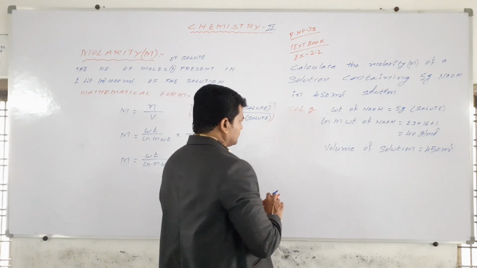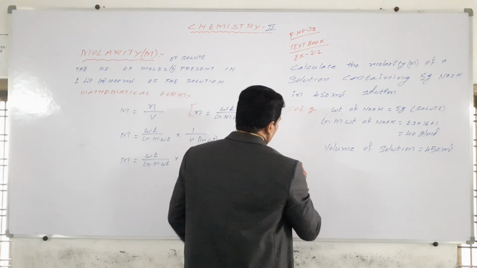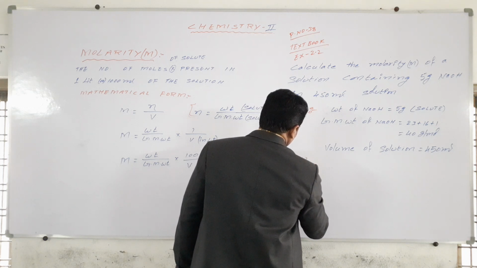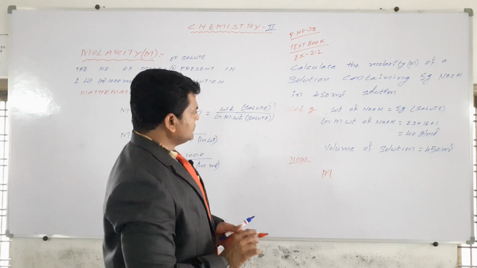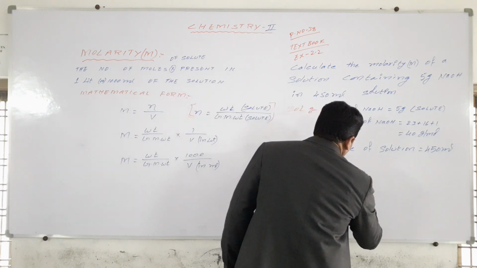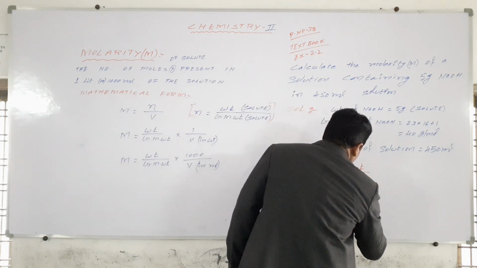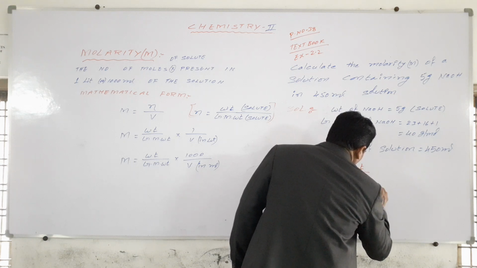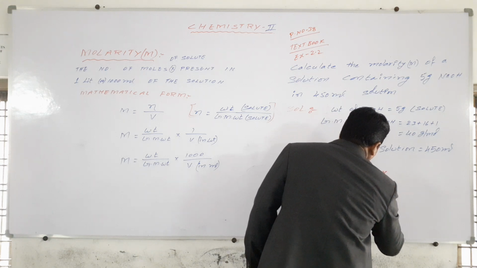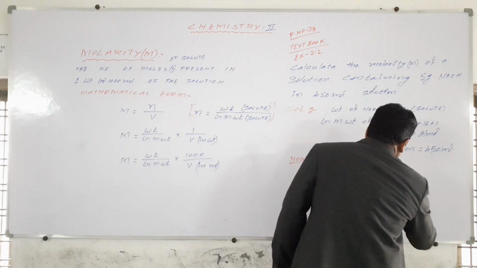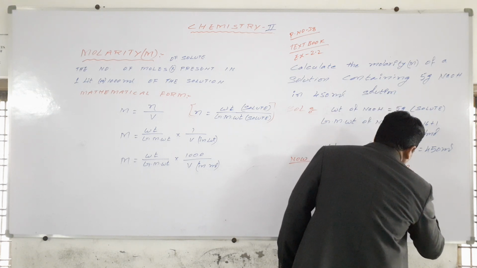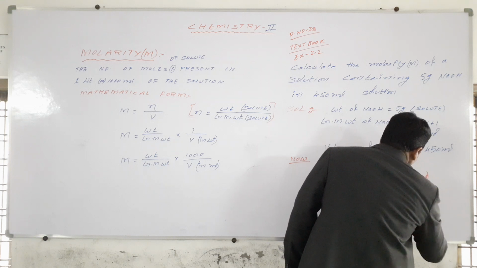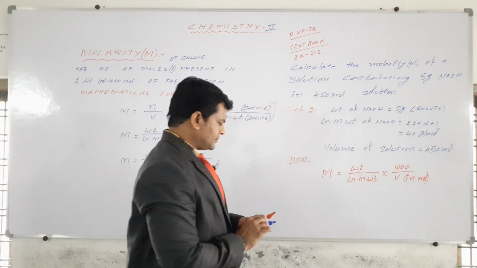Now molarity is equal to weight by gram molecular weight into 1000 by V in milliliters.